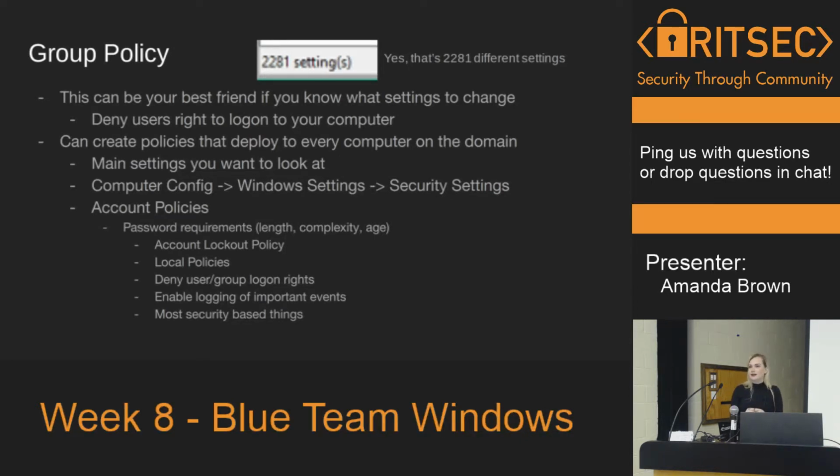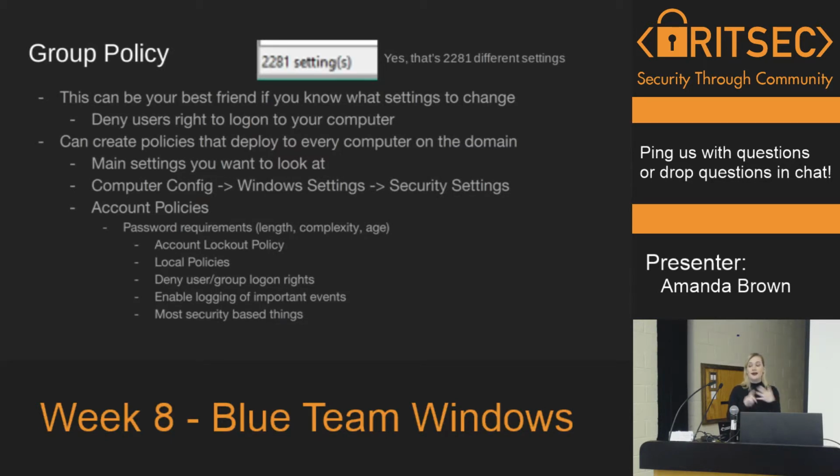Some of the main settings that you're going to want to look at are under computer config, Windows settings, and then security settings. You can have different account policies, like password requirements: set a certain length, set a certain complexity, age. You can have account lockout policies, local policies, deny user and group logon.